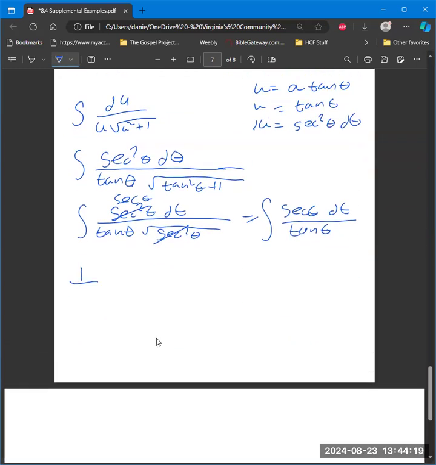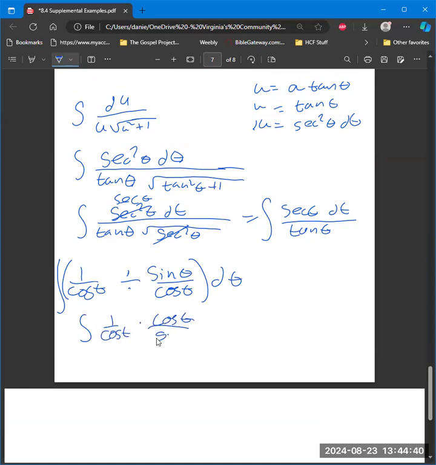So I'm going to change this into sines and cosines, divided by sine over cosine. It's going to be 1 over cosine times cosine over sine.